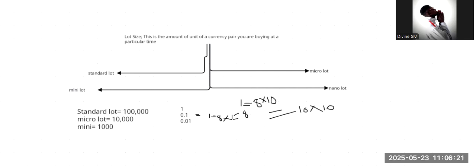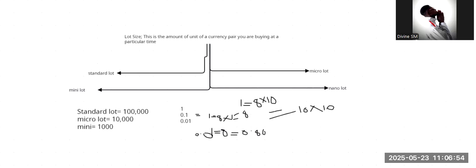Why a mini lot 0.01? Each price movement, we are making 10 cents. So we are calculating 80 for 8 pips. If price moves 8 pips in our direction with 0.01, we make 80 cents.